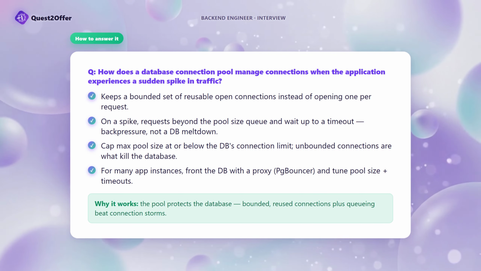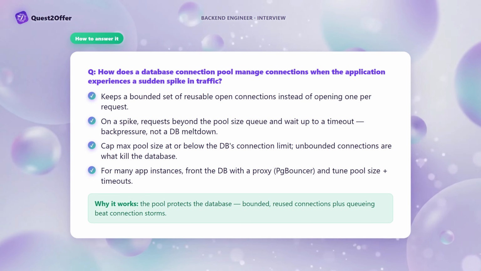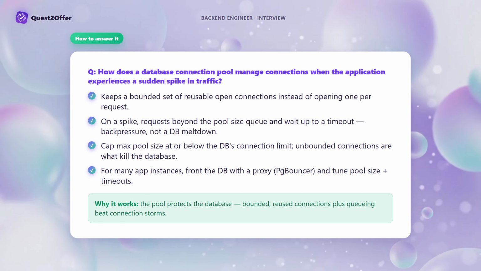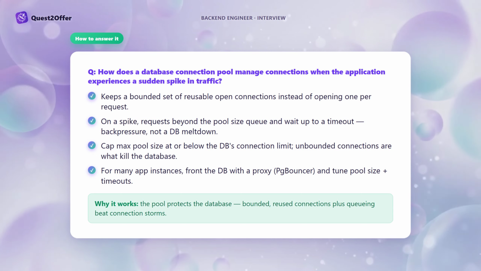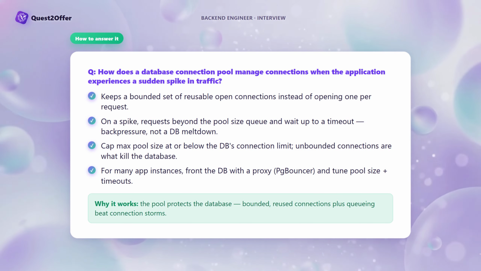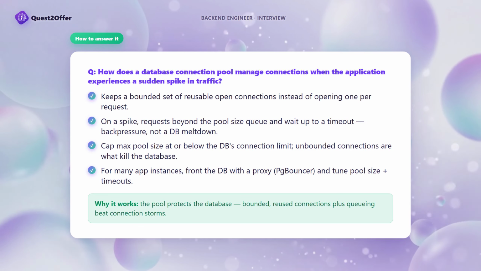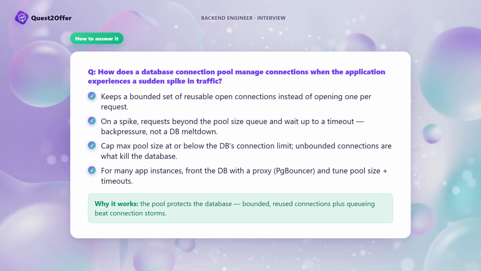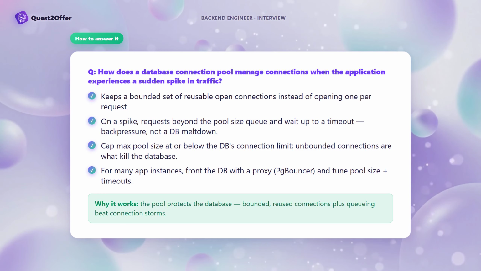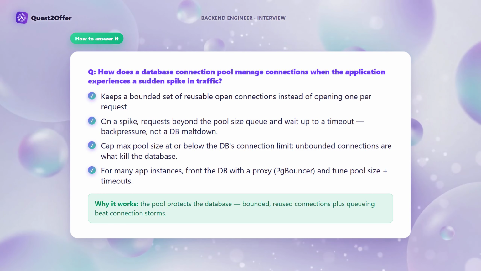On a spike, extra requests wait in a short queue instead of flooding the database. That's back pressure. The key rule: cap the pool at or below the database's connection limit, because unbounded connections are what take it down. For many app instances, put a proxy like PgBouncer in front.